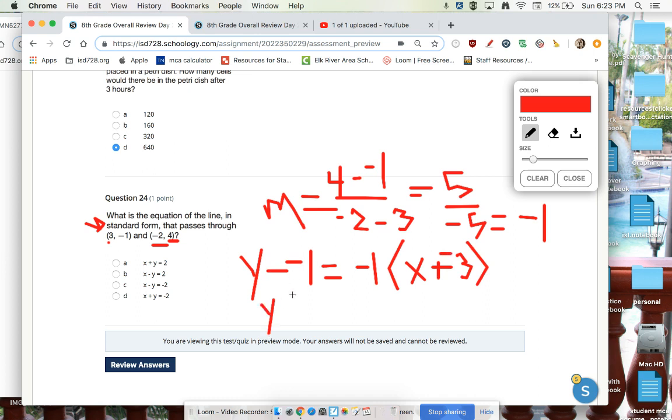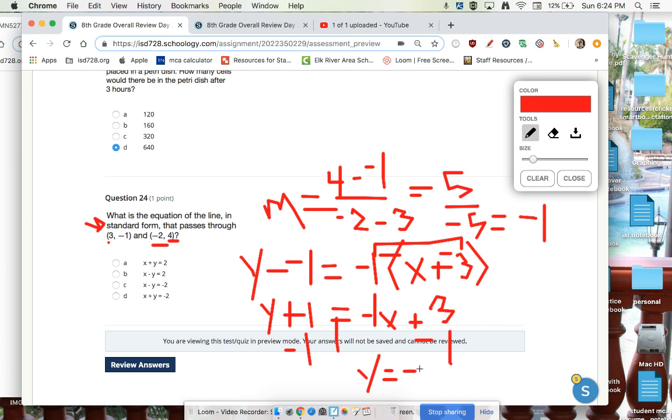So y plus 1 is equal to -1 times x, would be -1x, plus -1 times -3 is +3. Okay, and then I need y alone, so I'm just going to subtract 1, and you get y equals -x plus 2. 3 minus 1 is 2.